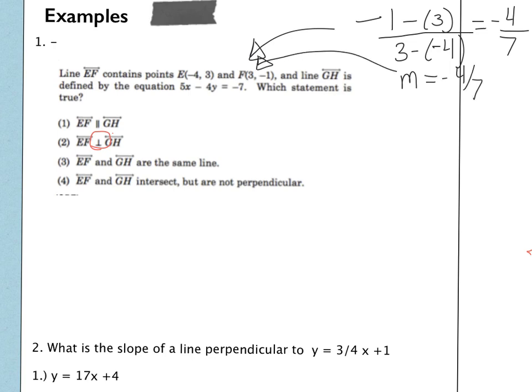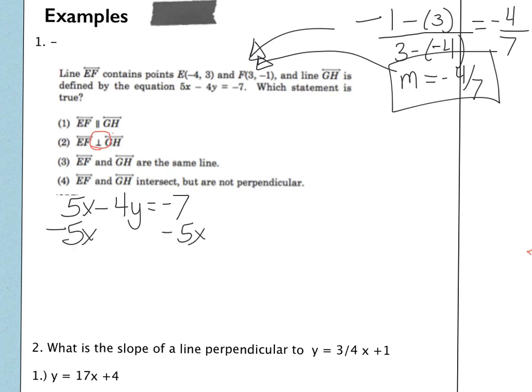Now I want to find the slope of line GH. That's given to me in a different form, here's the equation of that line. I need to take this equation and solve it for y, just like I normally would, to figure out what the slope is, so I can get it in slope-intercept form. Now algebraically, so you can see the steps, because some of us are kind of rusty at this. I subtract 5x from both sides, and I get negative 4y equals negative 5x minus 7.